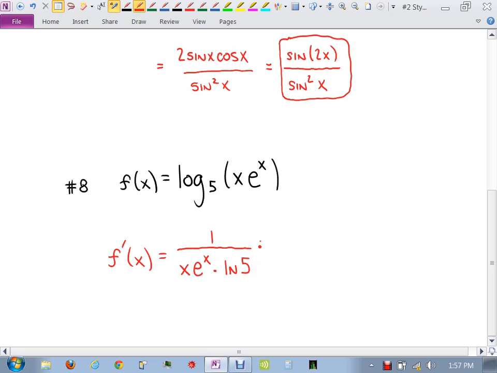Times, chain rule, go inside. What's the derivative of what's inside? That's a product rule, right? So I have the derivative of the first one, which would be 1 times e to the x, plus the derivative of e to the x, which is itself, times x.